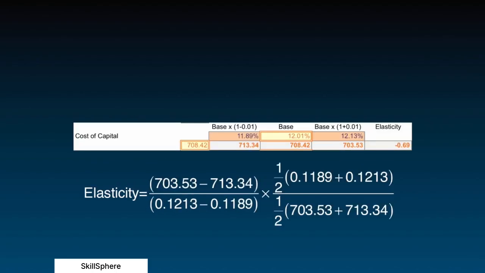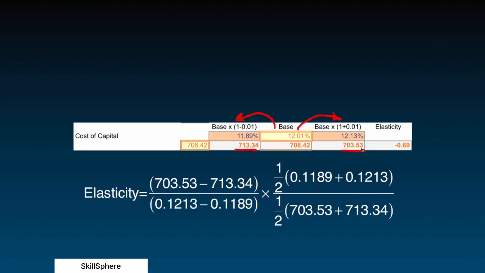Let's look at an example. Here's my cost of capital. What I've done is computed a cost of capital that is 1% higher and 1% lower, and I've computed the corresponding NPVs.